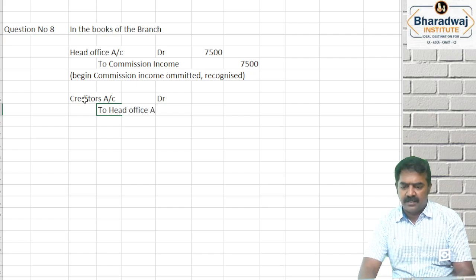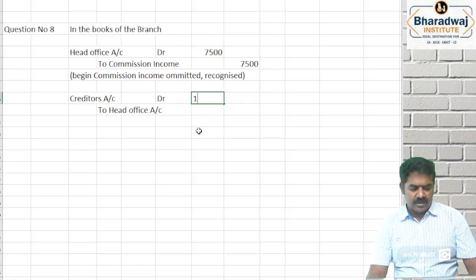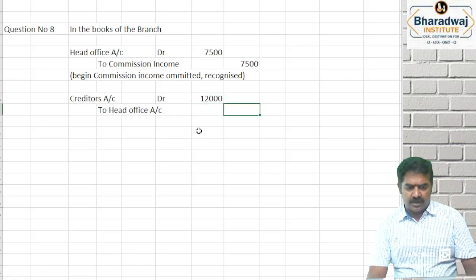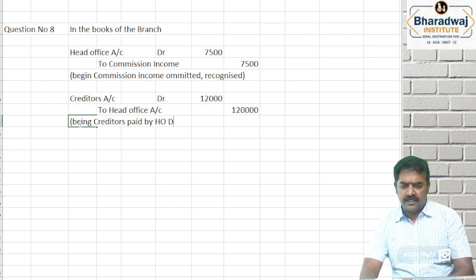Head office paid it. Creditors account debtor to head office account, 12,000. You can put supplier account debtor to head office account also. Being creditors paid by head office directly.